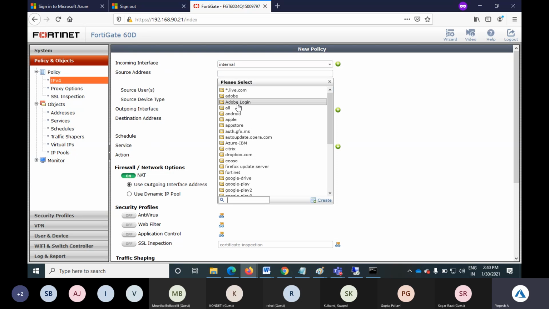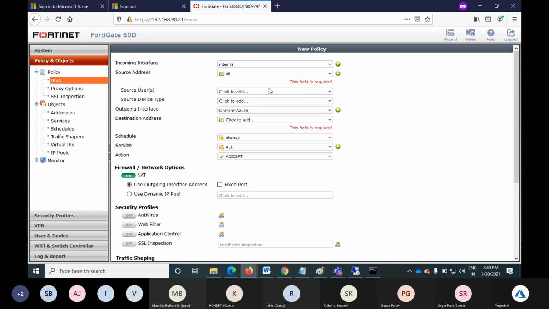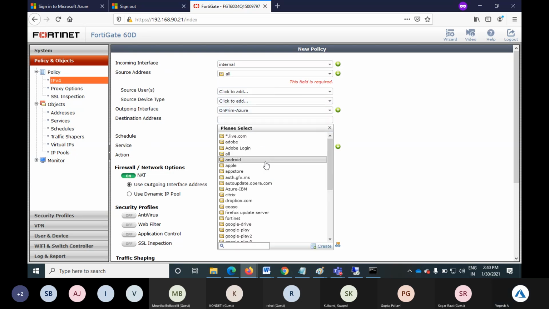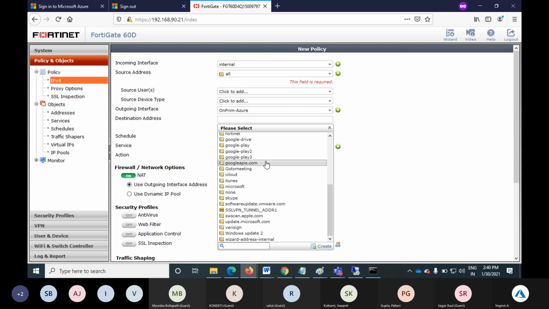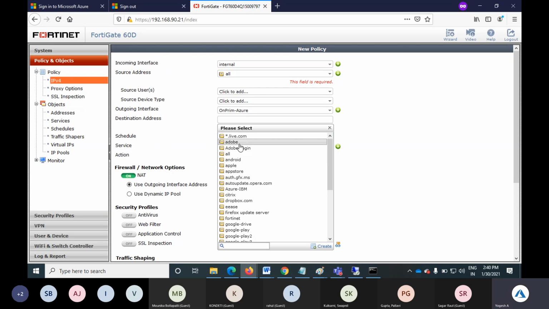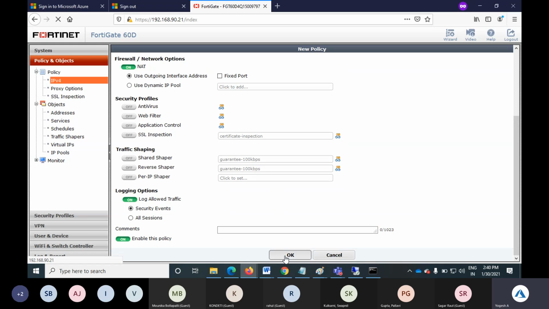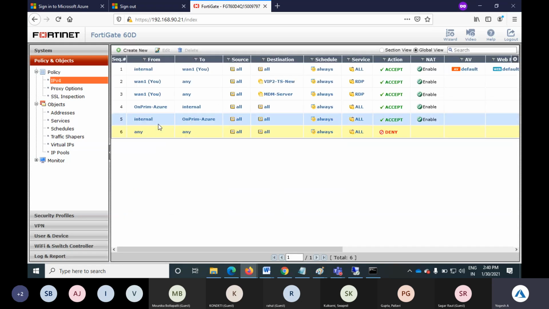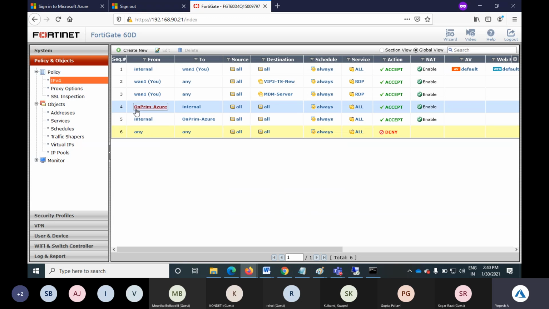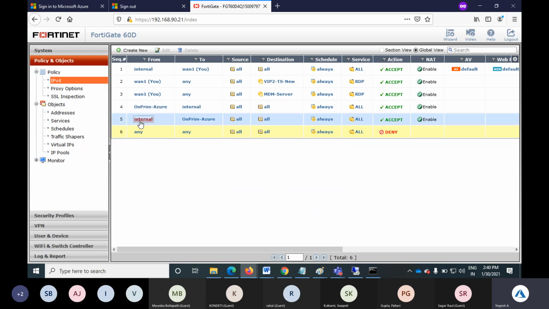So source all, destination all. Okay, so two policies we have created here, on-prem to internal traffic and internal to on-prem.